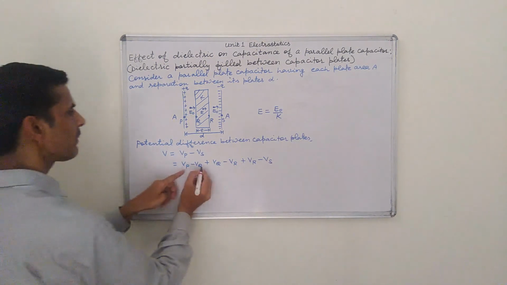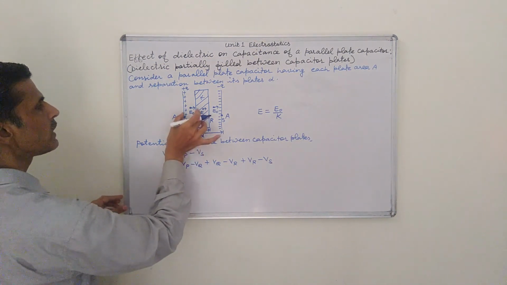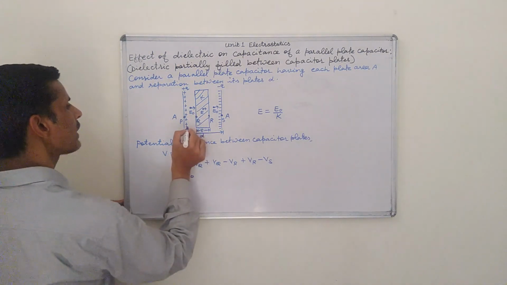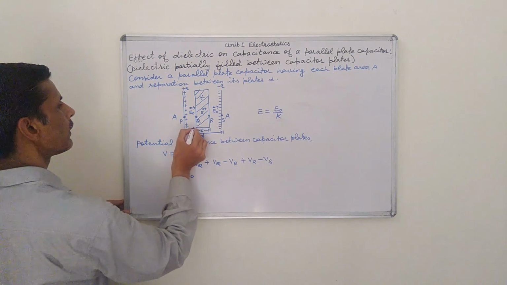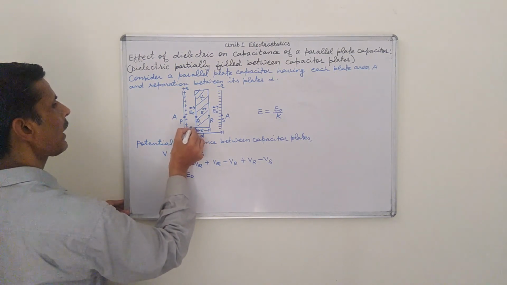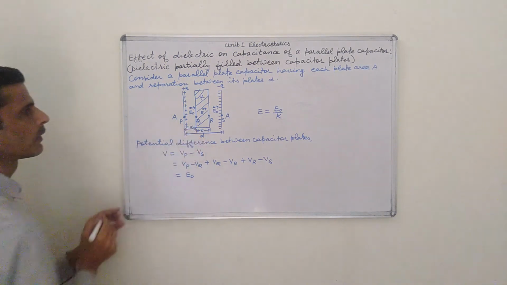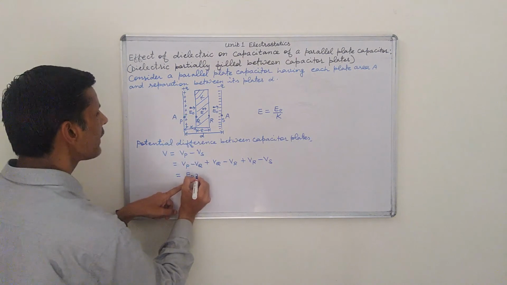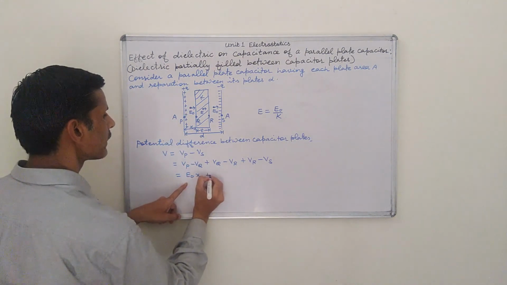Say this distance is x. So Vp minus Vq is E naught multiplied by x.